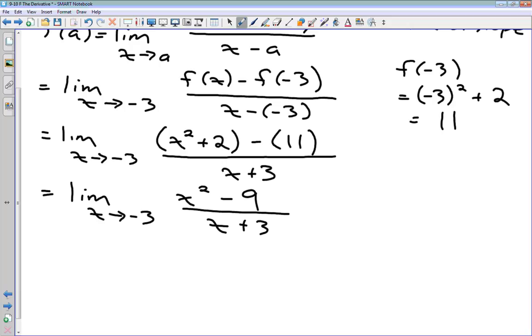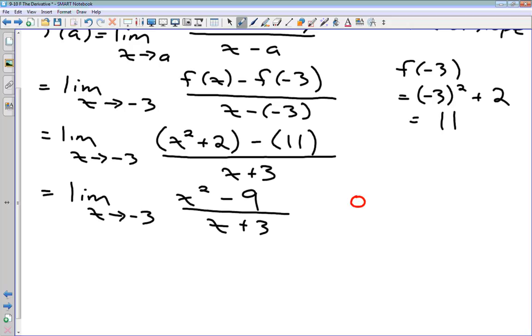Now, we learned a couple of techniques for doing this algebraically. The first thing we always try is direct substitution. So we try to substitute -3 in there for x. And what do we get when we do that? Up in the numerator, we get -3 squared, which is 9, minus 9, which is 0.